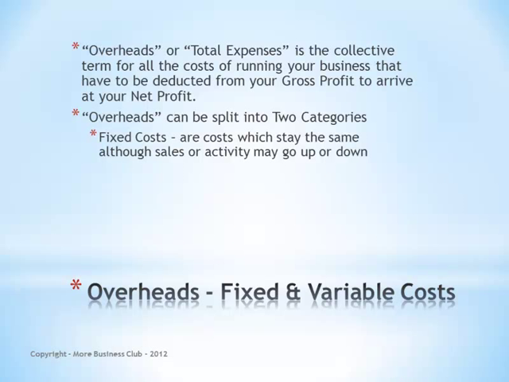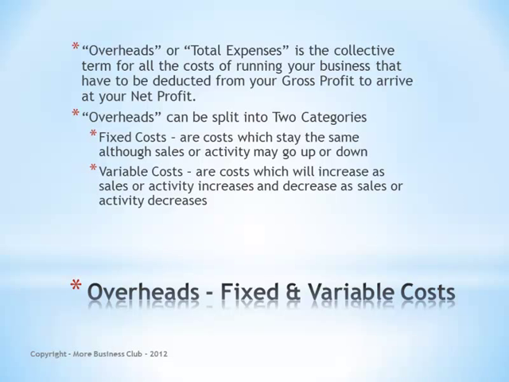You have fixed costs, and these are costs which will stay the same for your business whether sales go up or down, or whether the activity in your business goes up or down. A good example of that would be rent. If you have a fixed monthly rent, then it doesn't really matter how much you sell, or in fact how little you sell, you still have the same monthly rent.